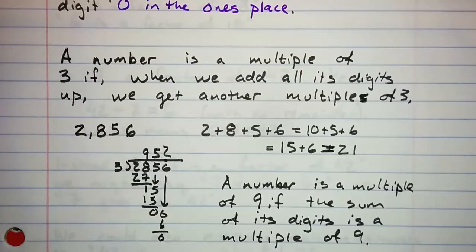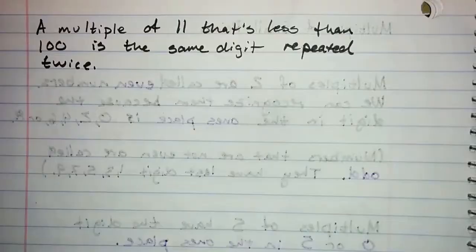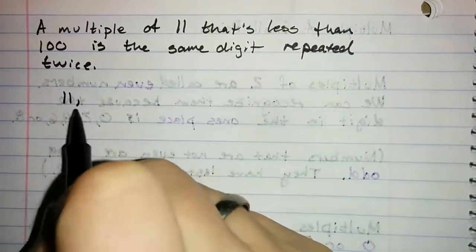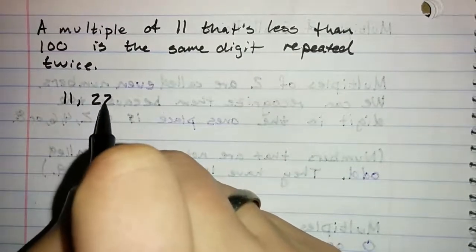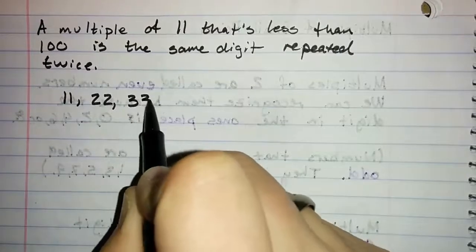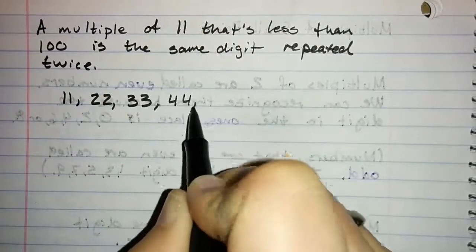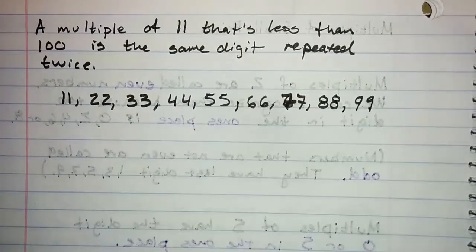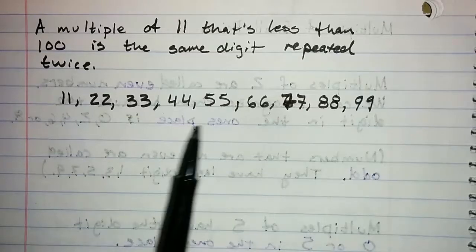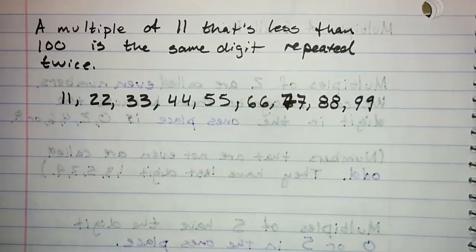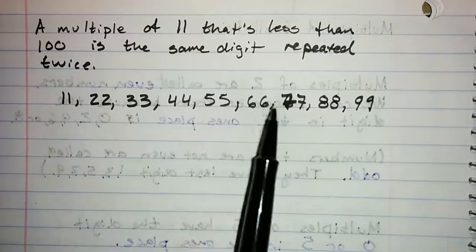Wait a minute, 9 has a quirky property because it's 1 less than 10. What about the number that's 1 more than 10? Well, it's not quite as nice, but it's still pretty cool. A multiple of 11 that's less than 100 is the same digit repeated twice. So we have 11, 22, 33, 44, and so on. Right, these numbers are really distinctive, easy to spot, easy to divide by 11.